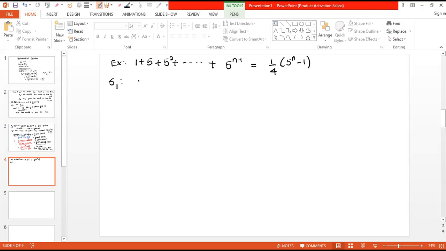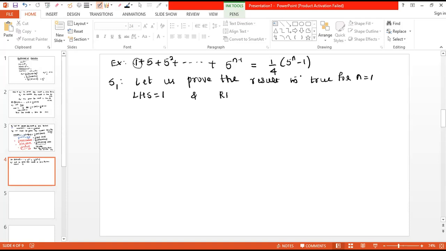So let us prove the result is true for n equal to 1. Now, if you see, n equal to 1 means LHS is equal to 1. And on the RHS, wherever n is there, put 1.